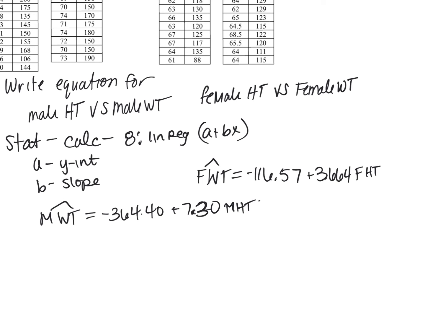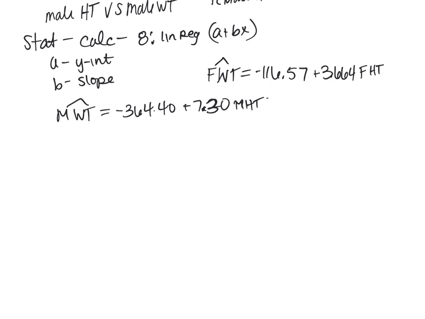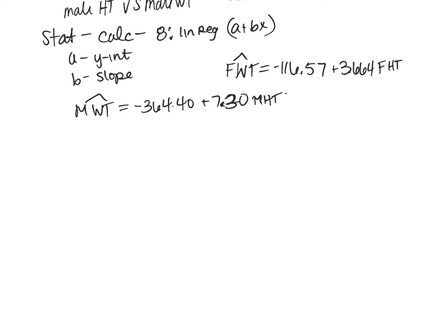Male height. Okay. So let's look at interpreting slope and y-intercept for the males. Slope is how much we expect y to increase for every 1 unit increase in x.